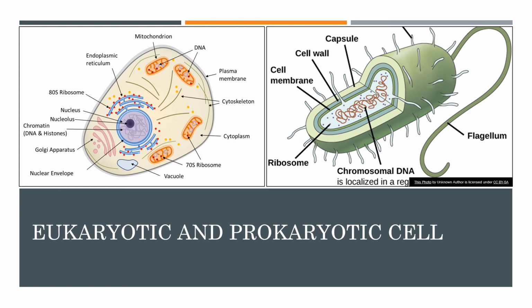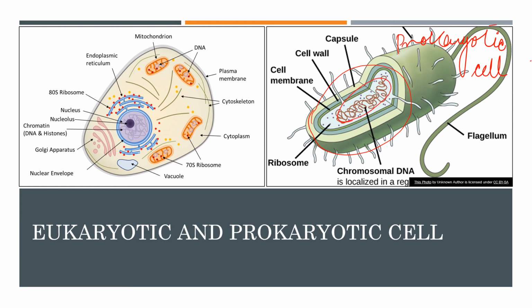So you can see that this is an example of a prokaryotic cell, and here we can see the cell organelles. The nucleus is not enclosed by a nuclear membrane. The genetic material is equivalent to a single molecule of DNA. You can see the genetic material here.